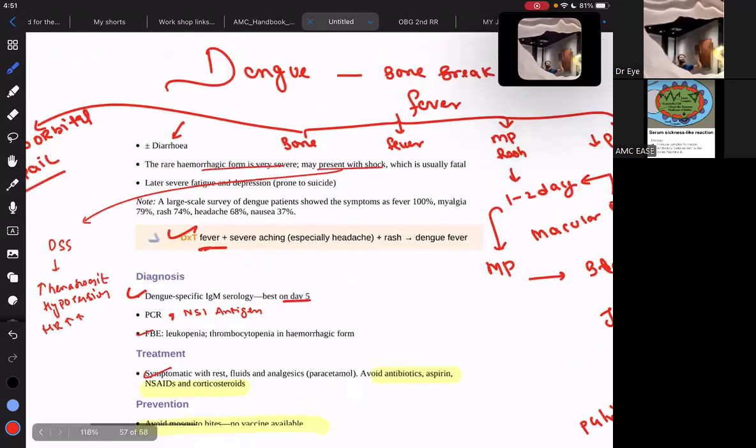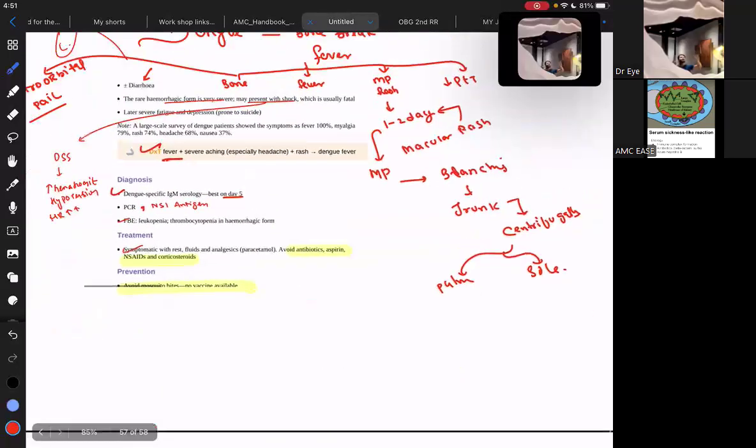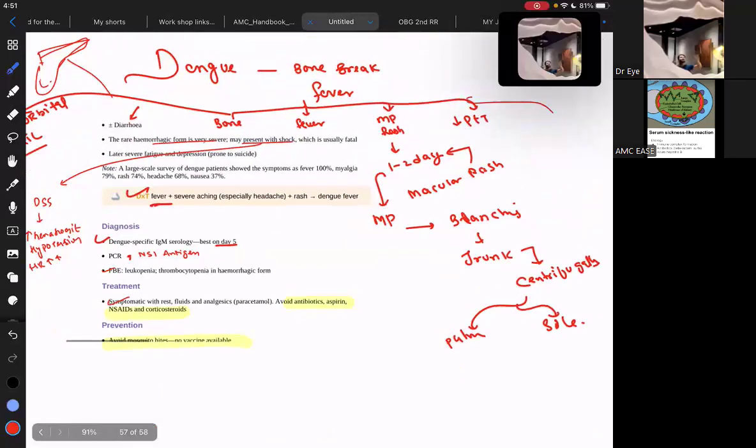Of course, the patient can have hepatomegaly also. You need to remember this. Sometimes the patient presents with GI bleeding also. This is how the patient has a lot of symptoms.